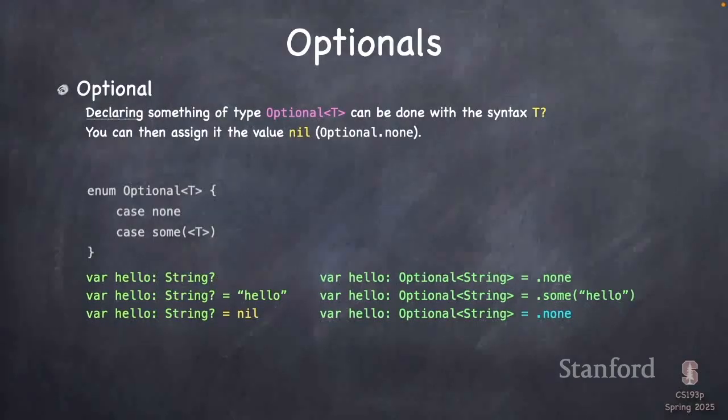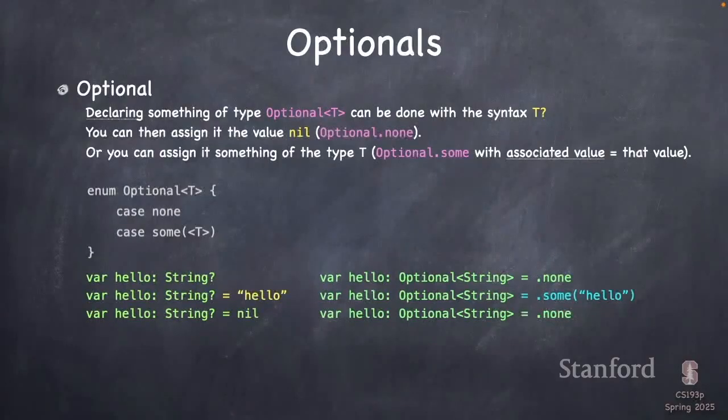We know nil pointers. This feels like that, so we're using nil. But you could say dot none as well. And then if you want to put it in the some state, then you just give it the associated value. If I say hello string question mark equals hello, then I get optional string equals dot some of hello. So now it's in the some case with the associated data I gave it.